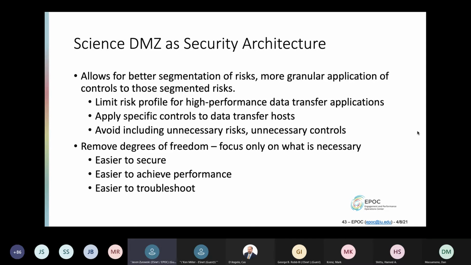What we're trying to do with this is we want to limit the profile for the high performance data transfer applications as much as we possibly can, and then apply controls for those data transfer hosts. We want to try to avoid including any unnecessary risks or unnecessary controls. So you, in effect, are removing these degrees of freedom, and you're focusing on what is necessary and only what is necessary.